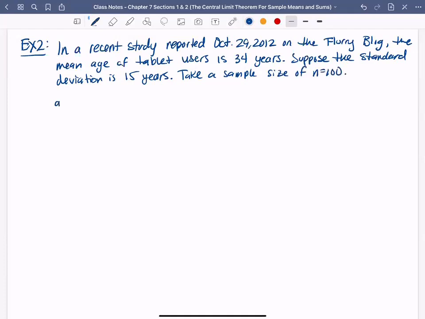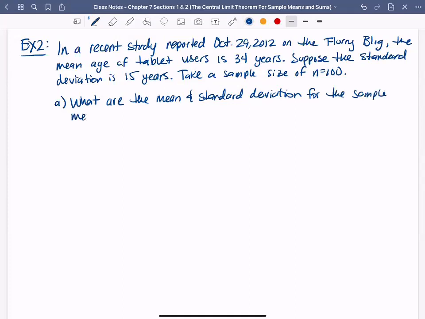So A, what are the mean and standard deviation for the sample mean ages of tablet users?